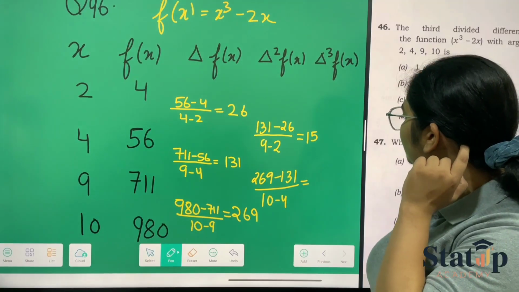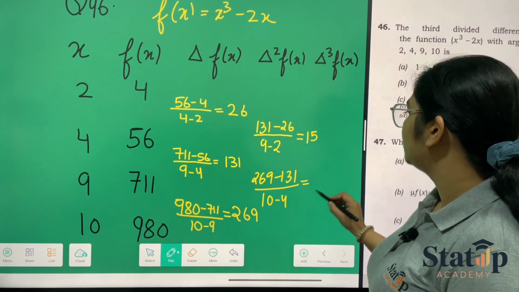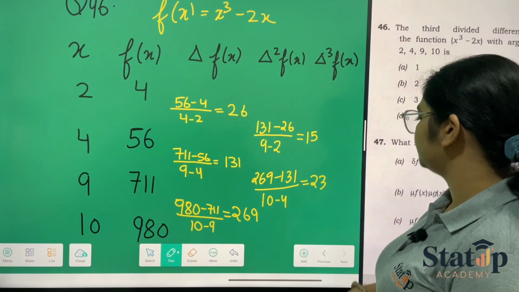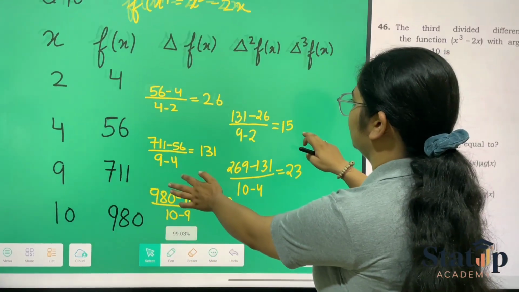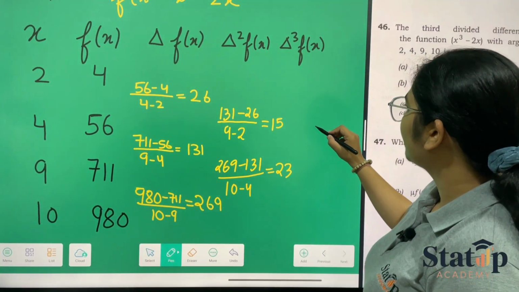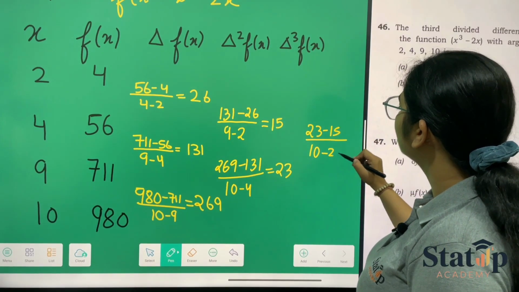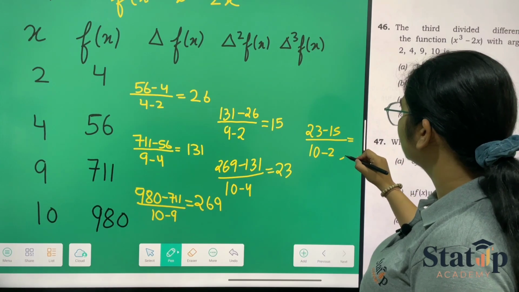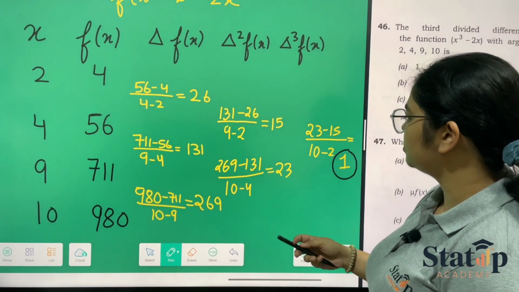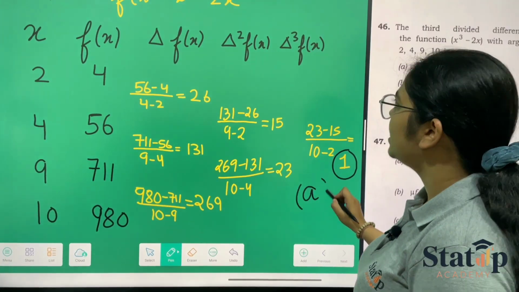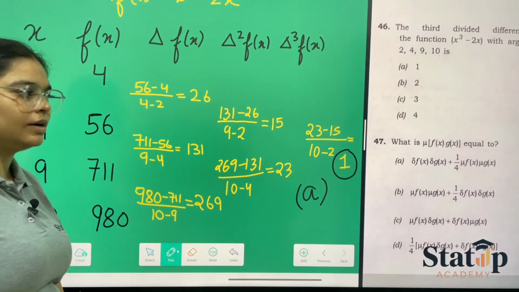This will give us the value 23, and the final difference would be 23 minus 15 upon 10 minus 2. This will be 1. So our final answer, which is the third difference of this divided difference question, is 1, which is our option number A. And hence question number 46 has the answer option number A.